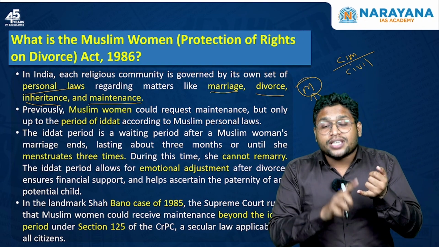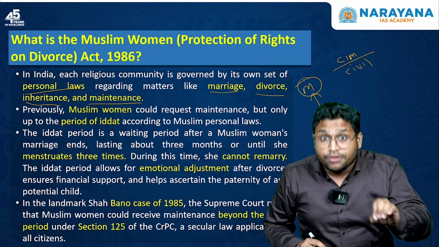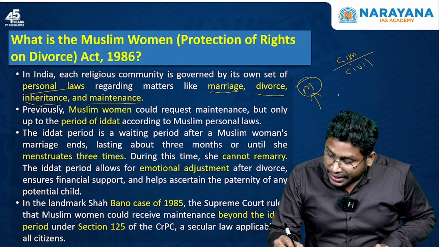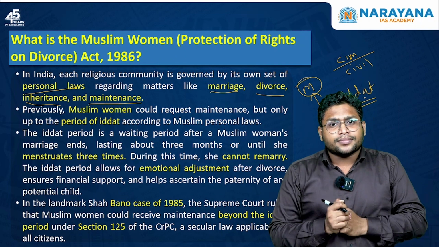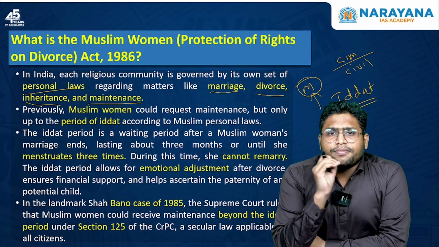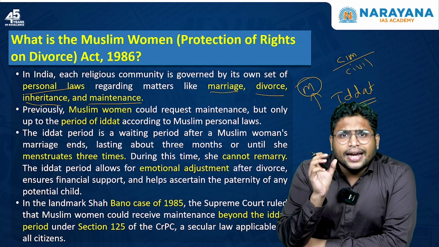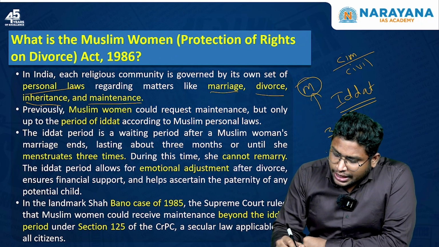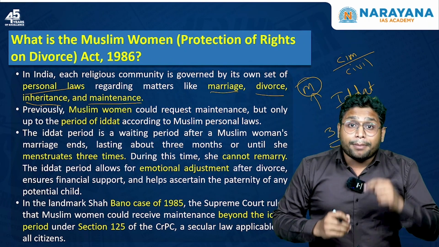And that law says that there should be a maintenance amount provided to Muslim women, but only for the period of iddat. Now, what is this period of iddat? You can look at any Muslim couple, if they get divorced, there is a time period of 3 months in which the woman cannot marry another man.